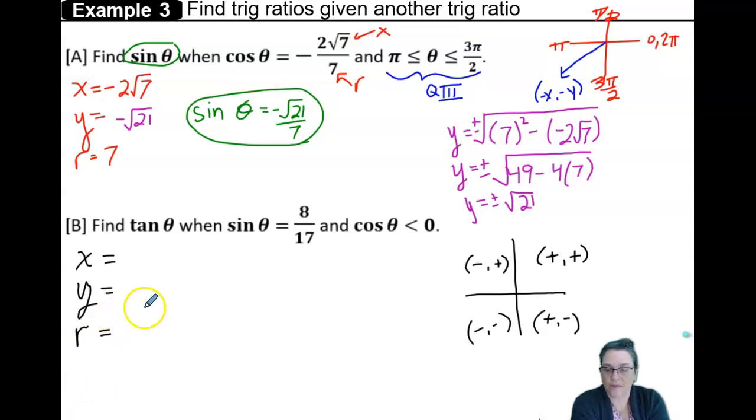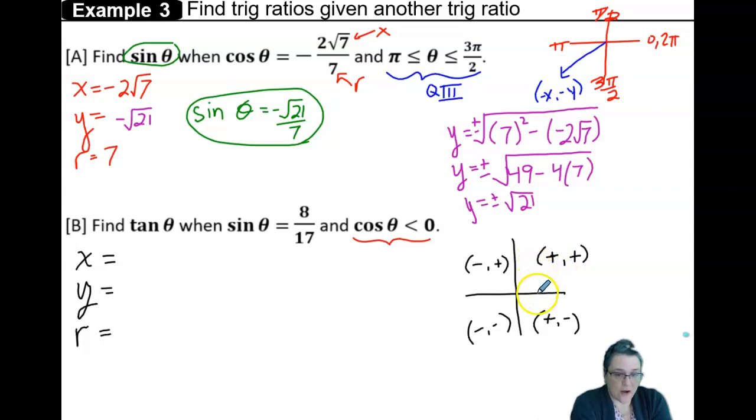Okay, so welcome back. Hopefully you gave example B a try. Here we're told that the cosine of theta is less than 0. So cosine has to be negative wherever this angle is. In quadrant 1, x and y are both positive, which would mean, since the radius is always positive, cosine would have to be positive in quadrant 1 because cosine is x over r.